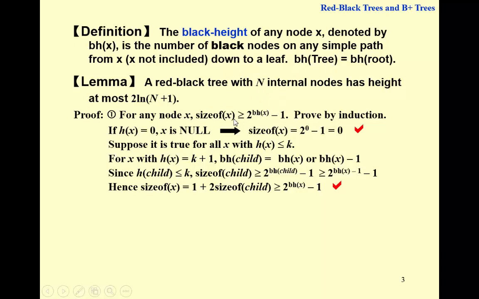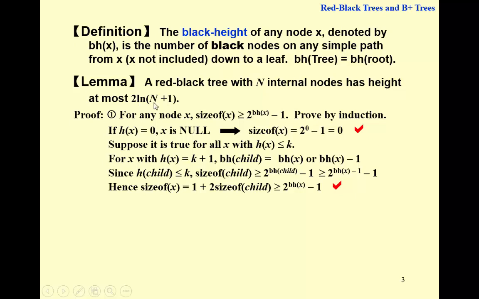So basically we have that n is greater than or equal to 2 to the power of the black height of the tree minus 1. And we can certainly move negative 1 to the left hand side of this inequality, and we get n plus 1 is greater than or equal to 2 to the power of the black height.